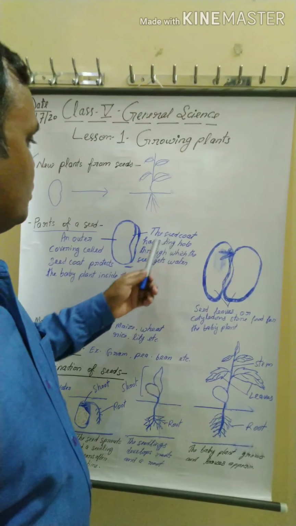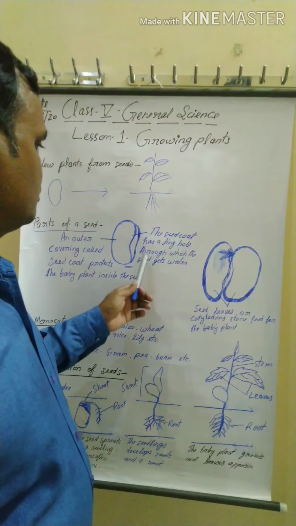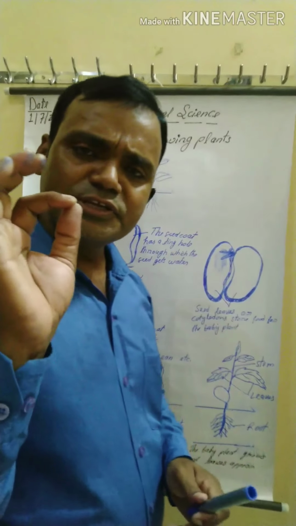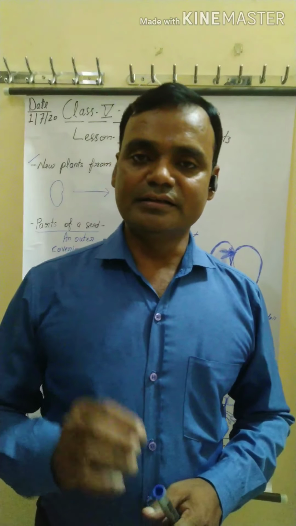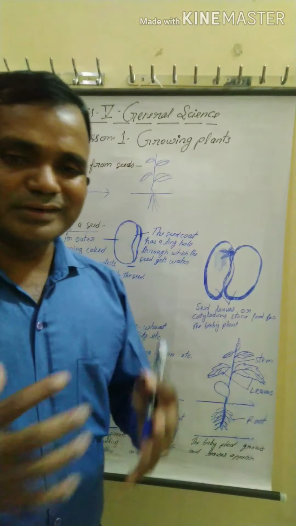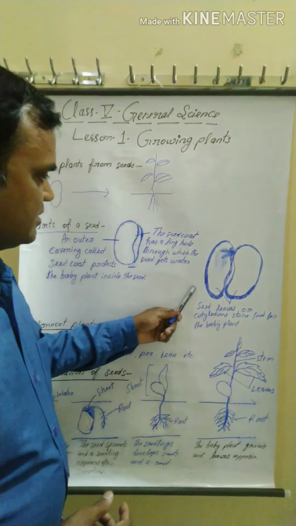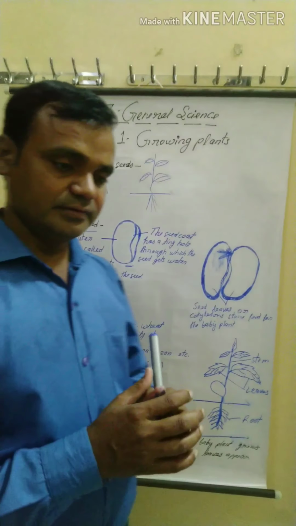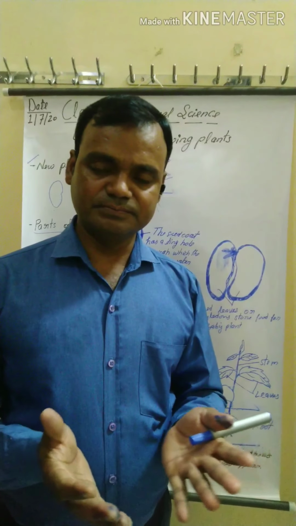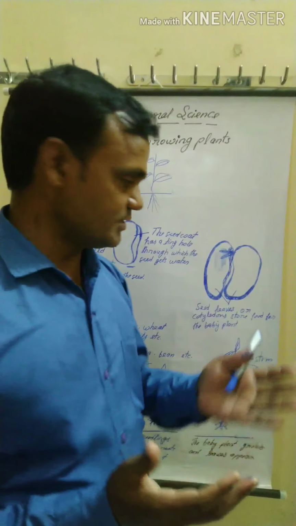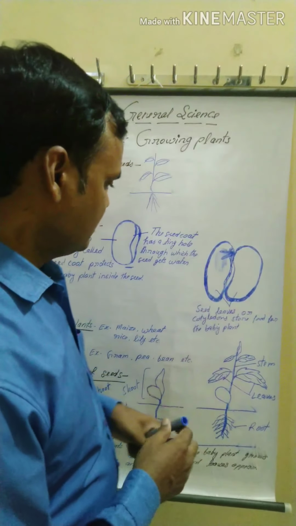The seed coat has a tiny hole through which the seed gets water. Very small pores are found in the seed, and through these small pores water enters the seed. Next, this is the inner part. When we unfold the seed, it separates into two parts. These are cotyledons, or seed leaves.